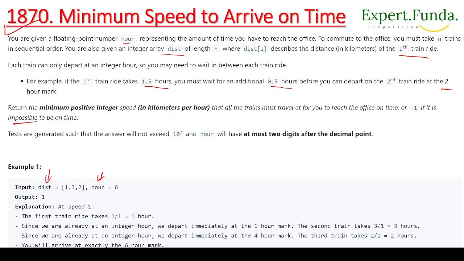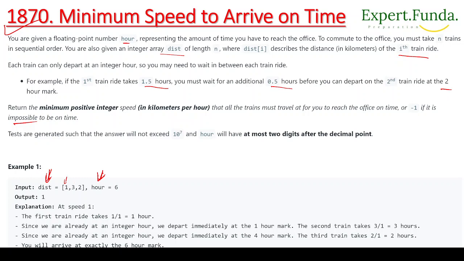So what the question is saying is that we are given the train rides in kilometers, and the overall hours. Let's suppose we have n trains, and we need to take them in order, where the ith train rides for dist[i], that is, this one.